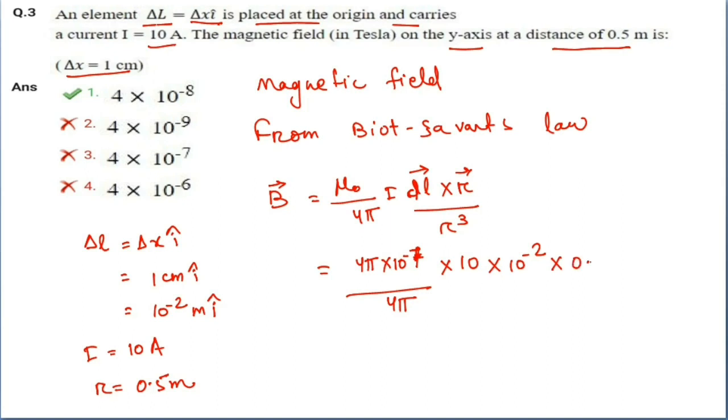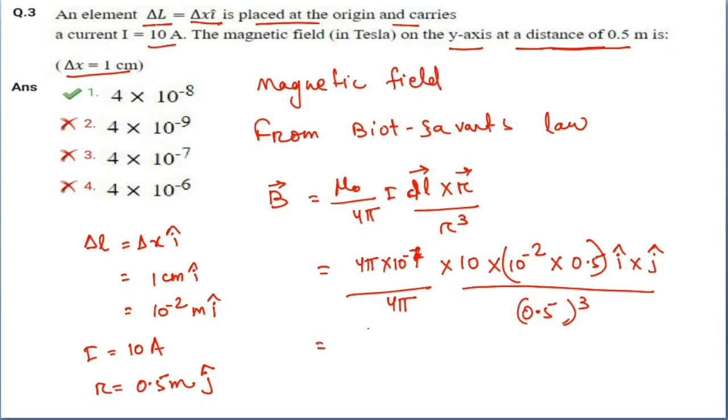Cross product, value of r is 0.5, but here it is given as on y-axis at a distance 0.5. That means 0.5 meter j cap. So as this is the cross product, i cross j, then 0.5 to the power cube.